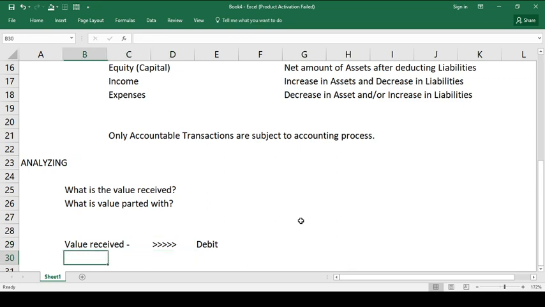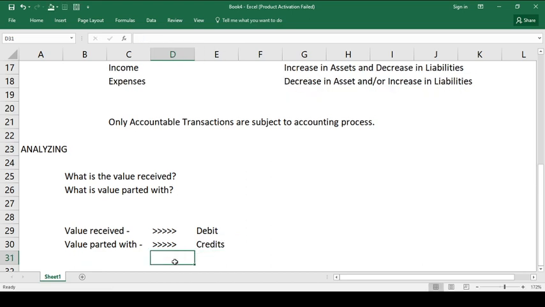And then, we have what we call the value parted with. Yung napalayo sa atin or nawala sa atin. That is the literal definition of value parted with. Pag sinabi pong value parted with, this refers to the credits. And the origin of this word is crederi. Take note, ha?